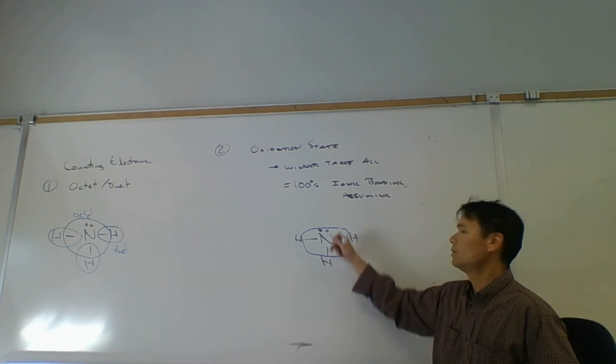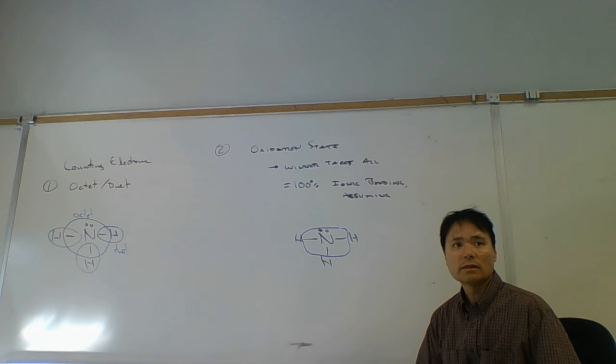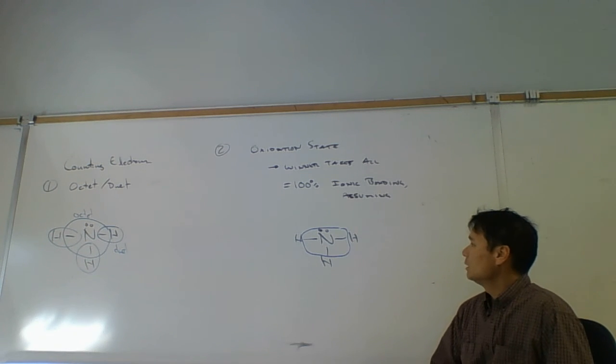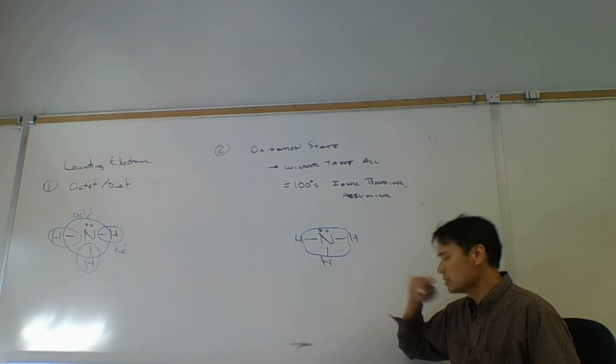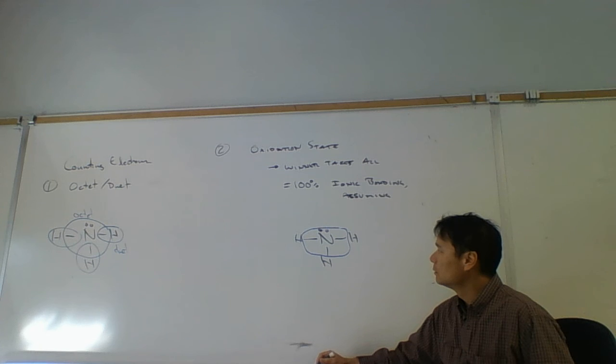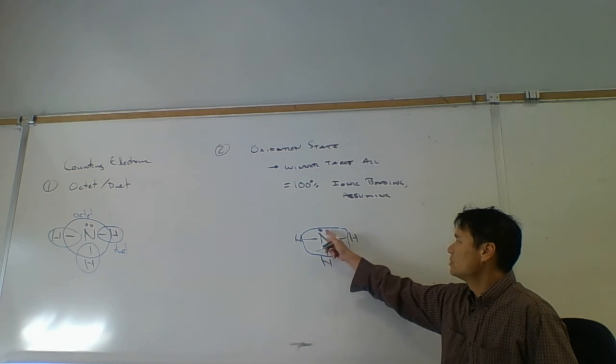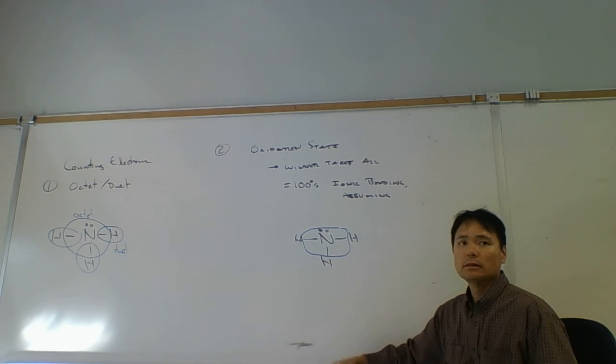That leaves hydrogen with nothing. And so here, what that means is how many electrons does nitrogen end up with? It ends up with 2, 4, 6, 8.